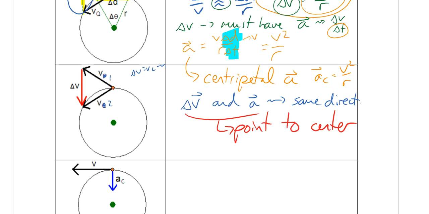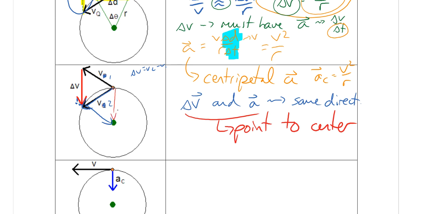If I drew these vectors the way you guys did it in grade 11, v2 would be going this way. That's fine. And then when I subtract v1, if I did a tip to tail drawing for v1, I'd come this way. If I was adding v1, I would go up this way, but I'm not adding v1. I'm subtracting v1, which means it has to go the opposite direction, which means it would go this way. And again, the resultant vector, like you guys drew in grade 11, goes right to the middle of the circle.